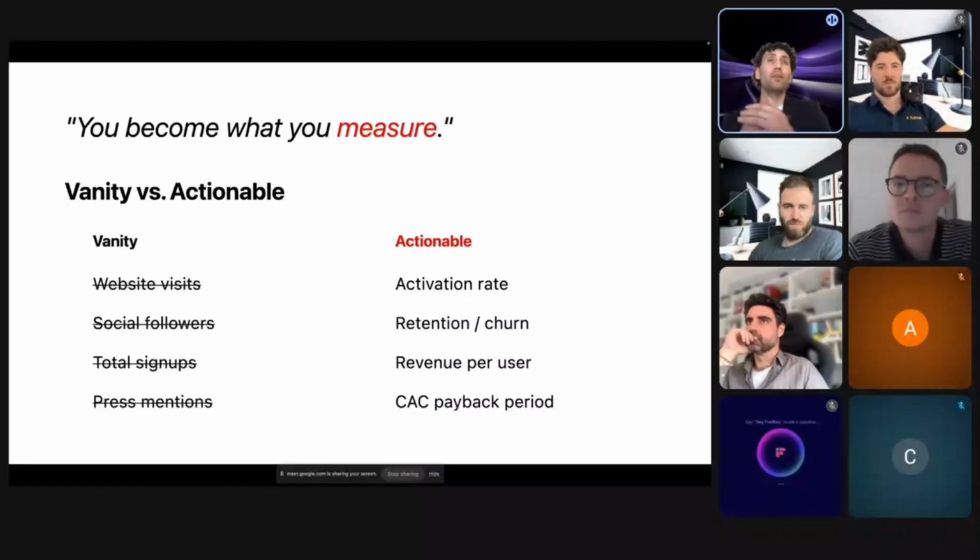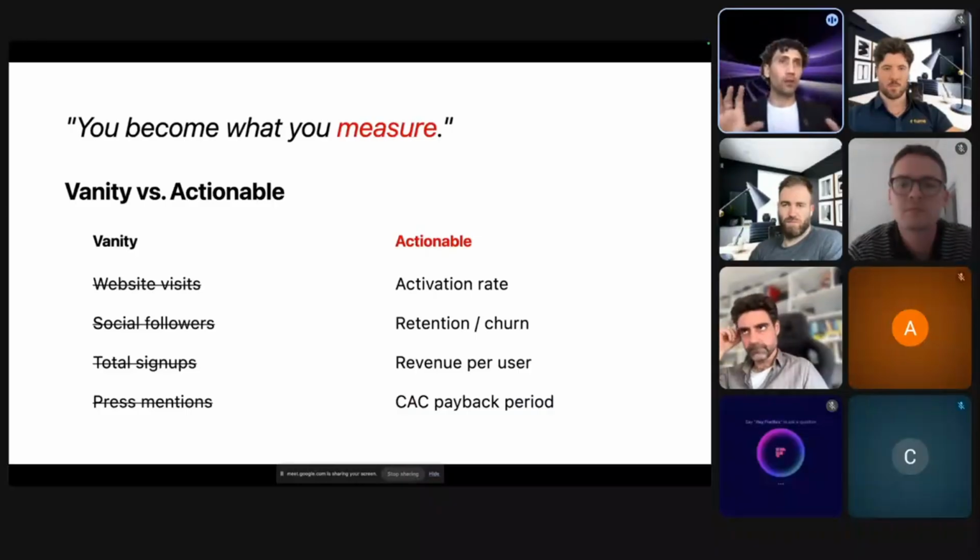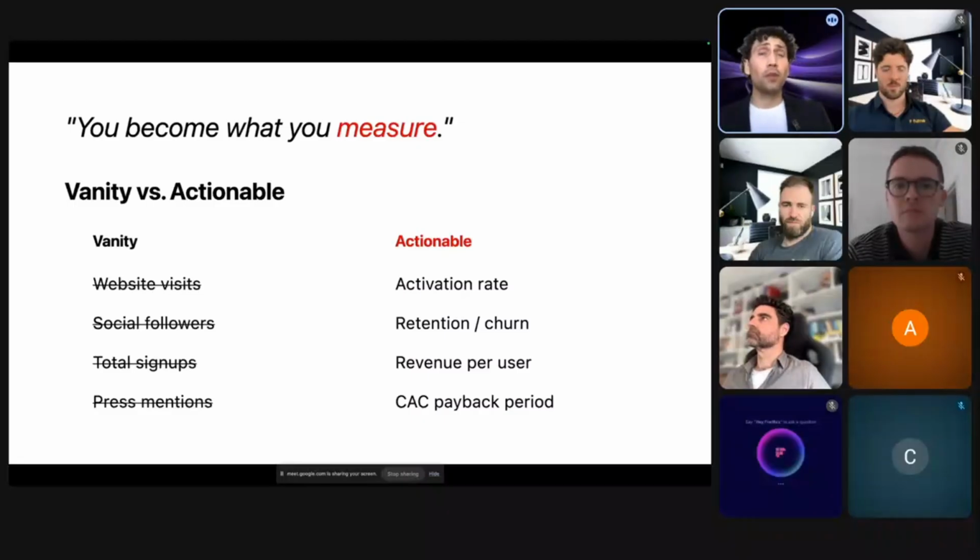So let's say we have an LTV, lifetime value, of $10,000, which means on average our customer in their life cycle spends $10,000, because then they churn or stop using the product or whatever. How much does it cost to get them?